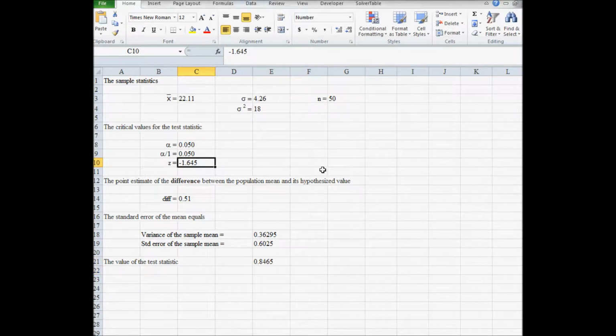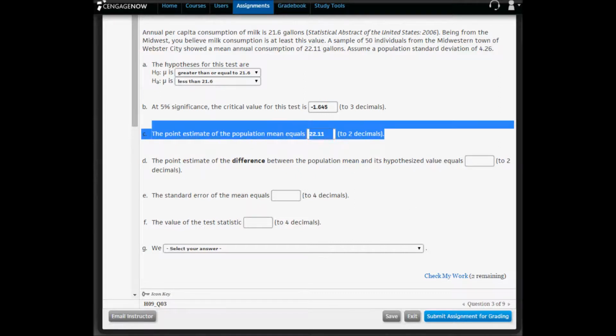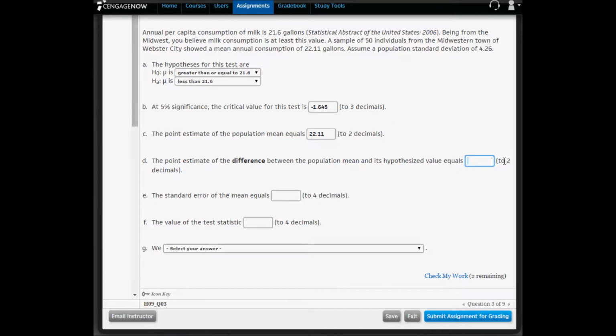The first thing we're going to copy into Cengage Now is the critical value of the test, negative 1.645. The point estimate of the population mean is X bar, the sample mean. The point estimate of the difference between the hypothesized value and the point estimate of the population mean is 0.51.